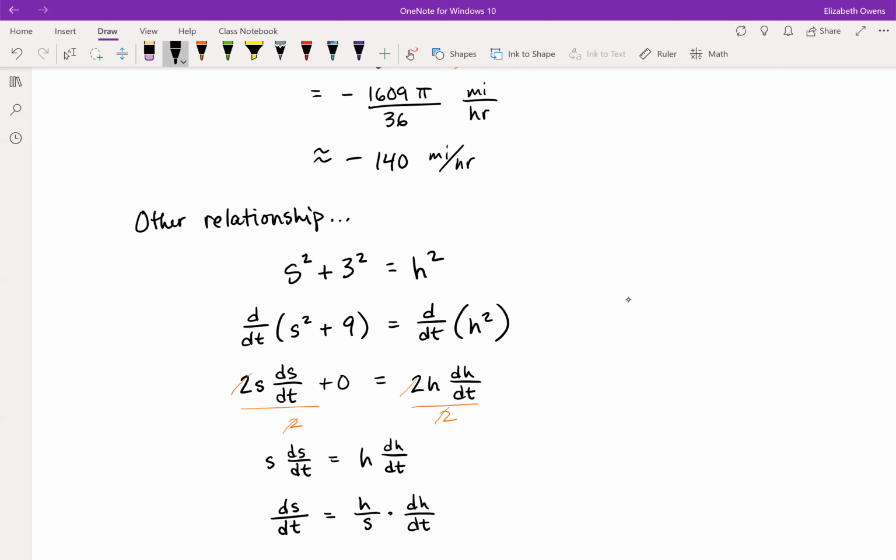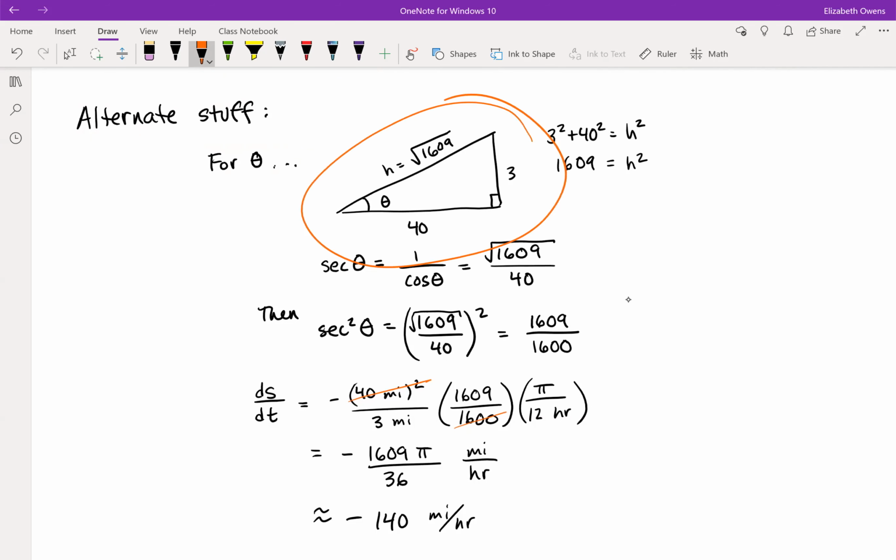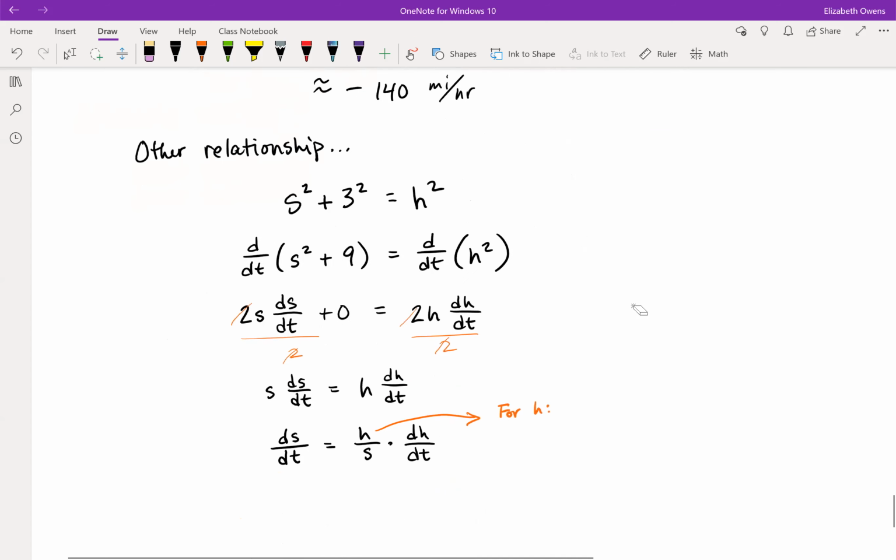Okay, now let's see here. We could find a value for h, not bad. For h, we would just use that triangle that we had up above here. So h equals the square root of 1609, and that is in miles.